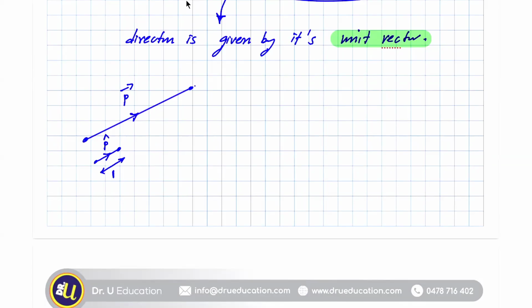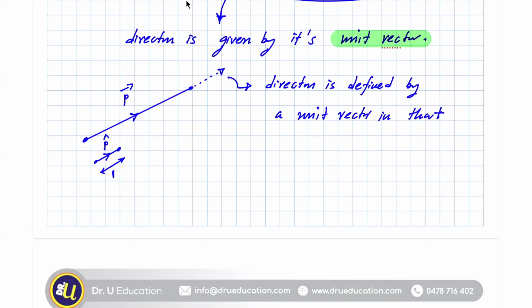P hat is the unit vector. So we had the question of how we define this direction. Mathematically, direction is defined by a unit vector in that direction. It would be P hat in this case.